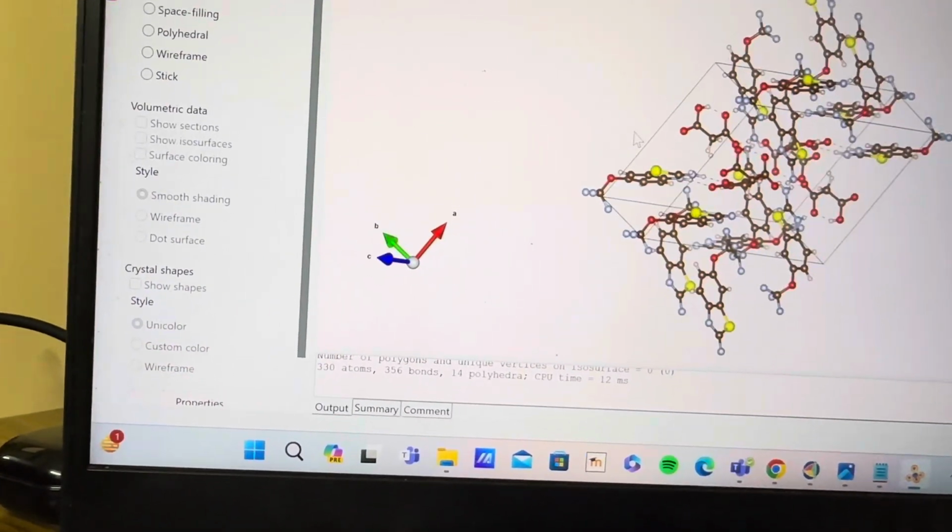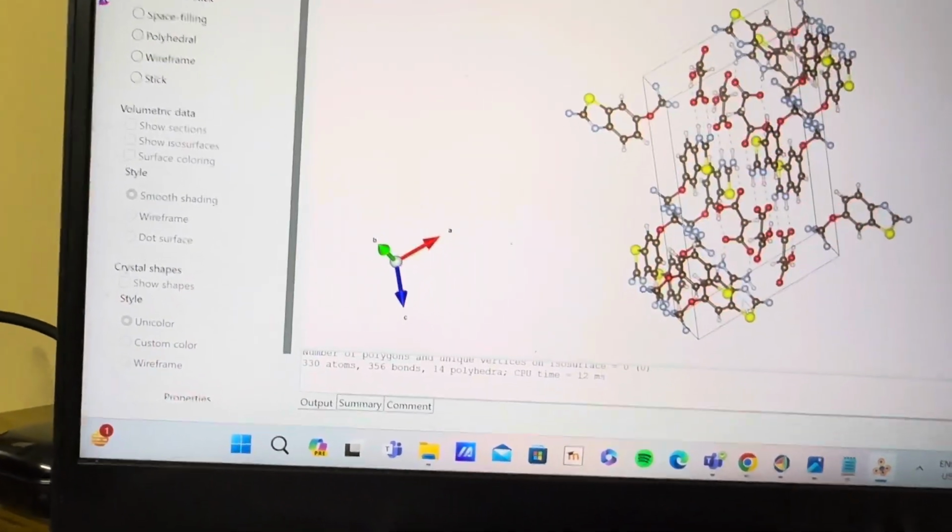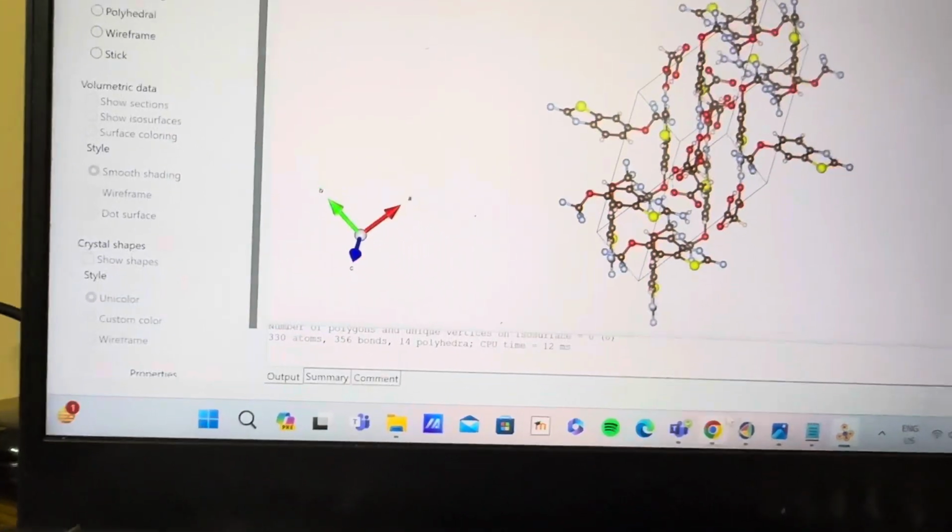This is a monoclinic lattice and centrosymmetric, as you can see.